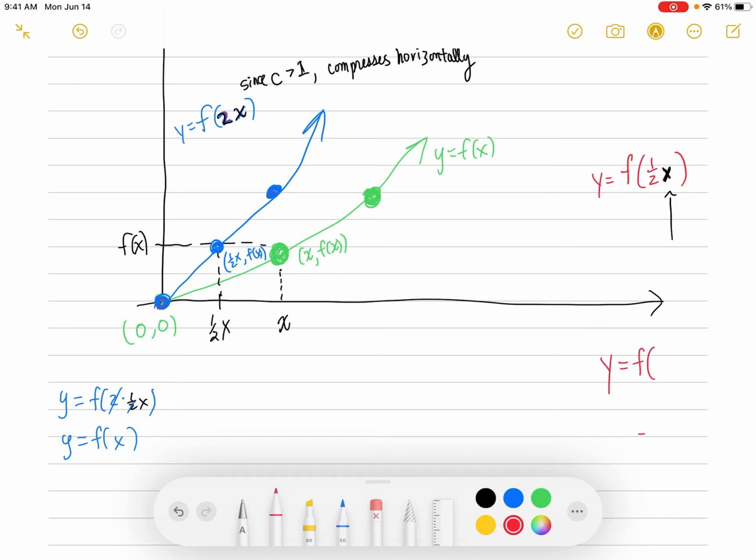In place of the x, I'm going to plug in 2x. I'm going to take y equals f of 1/2. So 1/2 is a constant, but in place of that variable x, I'm going to plug in 2 times x. And what happens here is the 2 on bottom cancels with the 2 on top, and we get an output, a y value of f of x for this function.